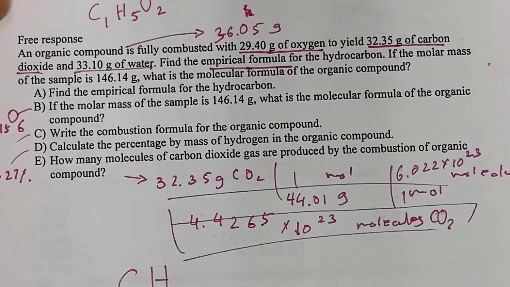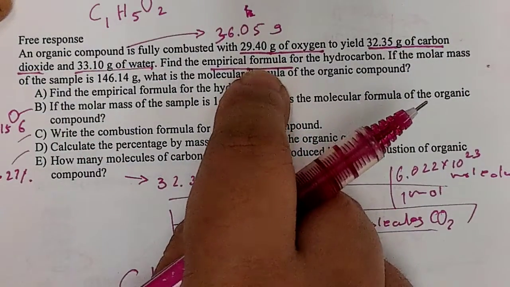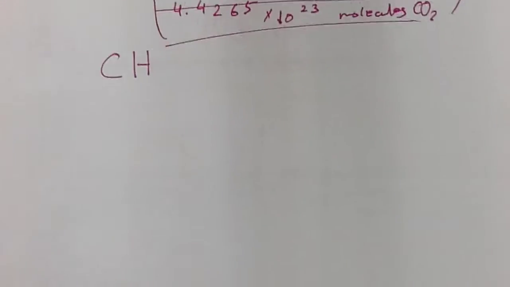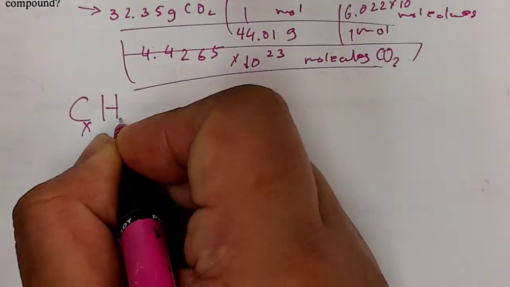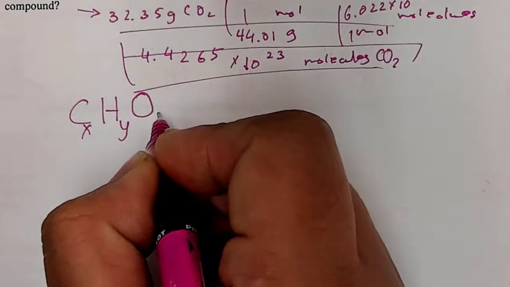So the first step is I underlined the numbers that they give you and what they're asking for, and you can see that I asked the same question twice on here. First things first, I'm writing a formula. So I'll say C, H, and maybe oxygen, right?